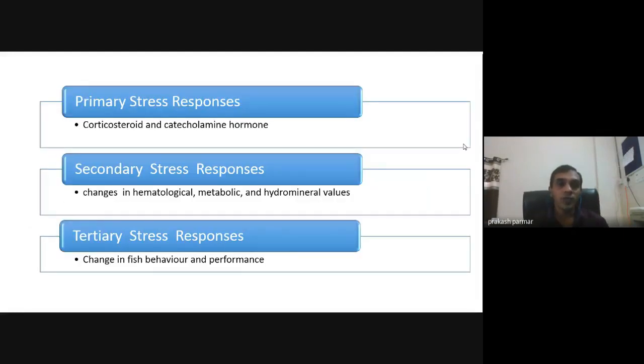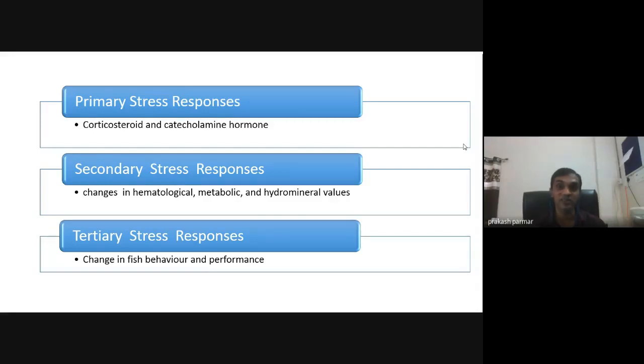Whenever stressors are present in the environment, animals give a response, known as the stress response. The presence of stressors in the environment is detected by the brain, which signals the endocrine level, and then the animal produces cortisol and catecholamine, which are the stress hormones. Based on the stress hormones, hematological, metabolic and hydromineral values start changing.